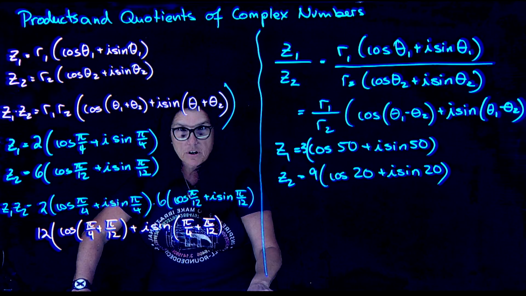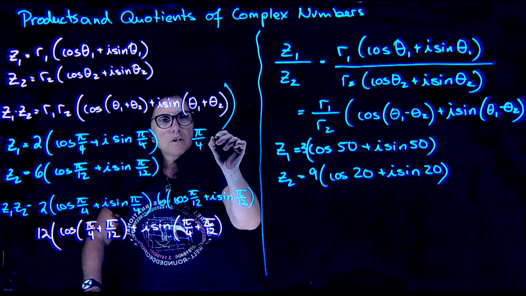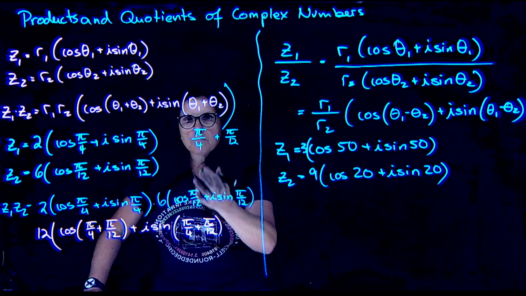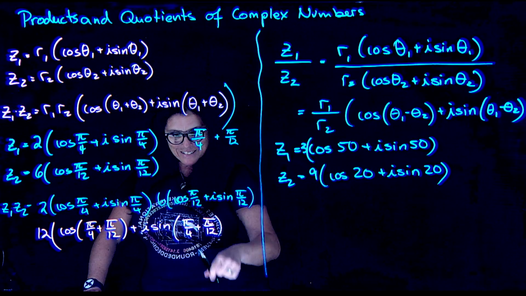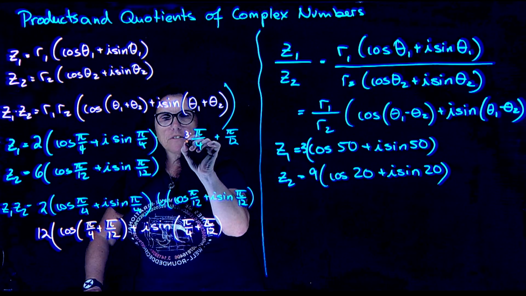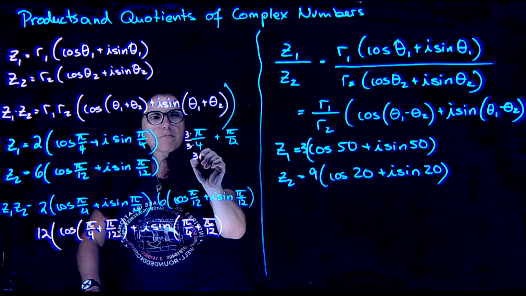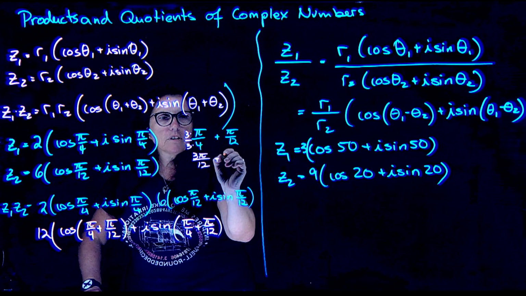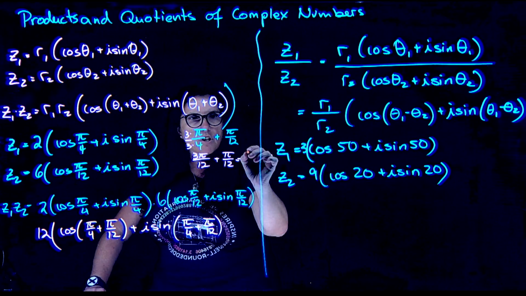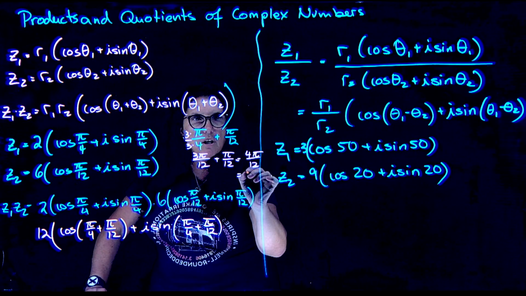Now a little sidebar over here. Pi over 4 plus pi over 12. Of course, I have to have the same denominator. The least common denominator in this case is what? 12. We're multiplying numerator and denominator by 3, which leaves me with 3 pi over 12 plus 1 pi over 12. 3 plus 1, of course, is 4 pi over 12, and that can be reduced to what?